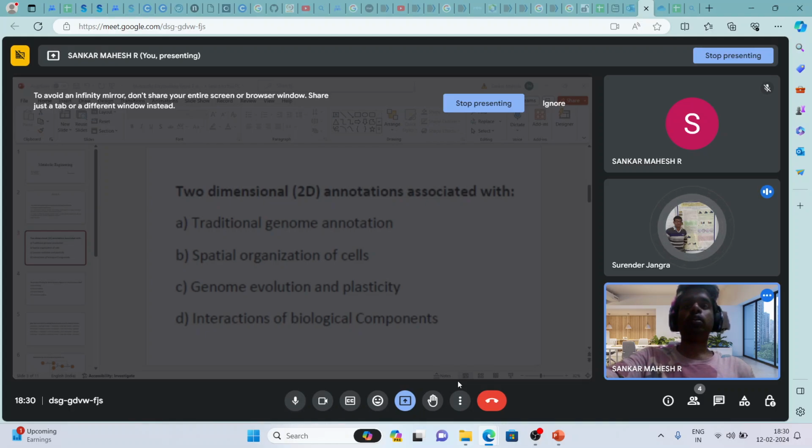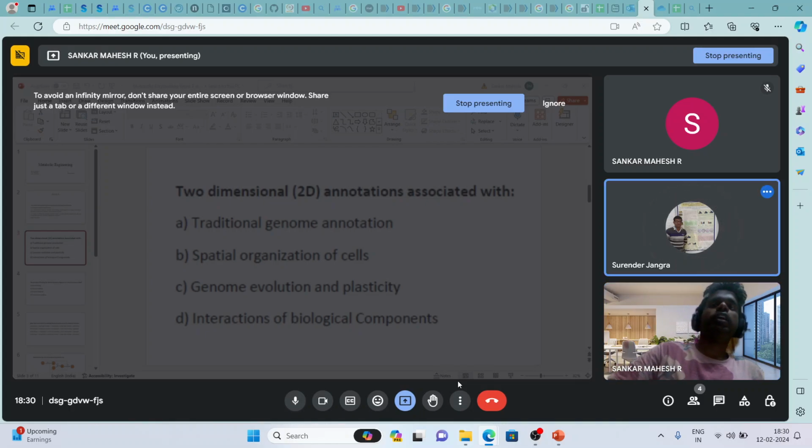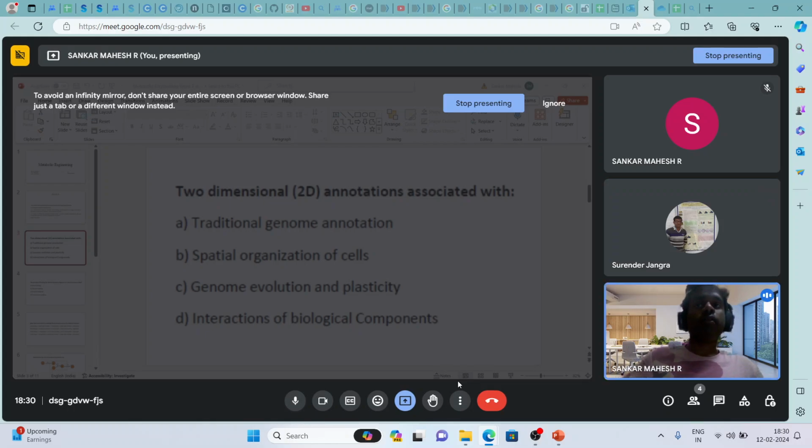So the interaction. In biological data sets, the kind of annotations that they do is first the ORF based annotation, but that is limited because when you do the sequence analysis and you locate specific genes and assign functions to the genes, you know that such a gene exists in the organism.